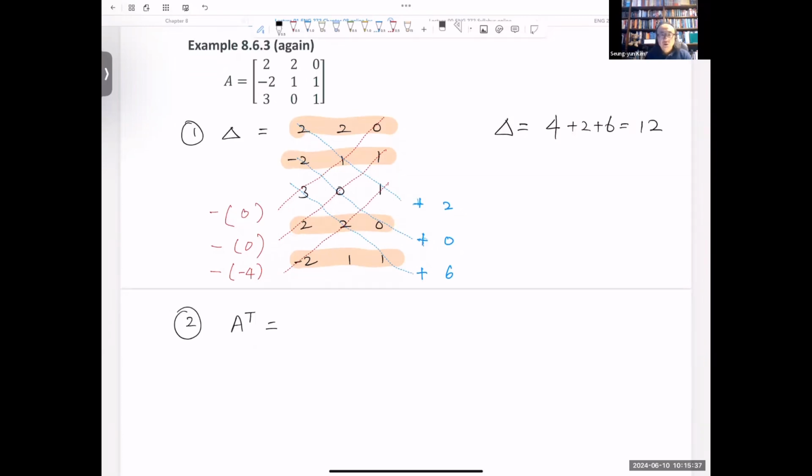12. Step number 2: the A transpose matrix. What is a transpose matrix? Row to column. This 2, 2, 0 is the first row. I'm going to put that into a column. So 2, 2, 0. Negative 2, 1, 1. 3, 0, 1.